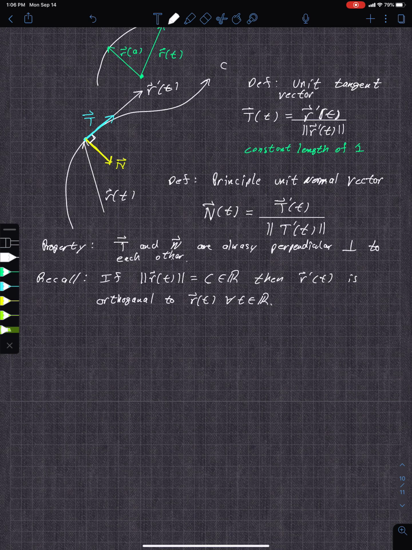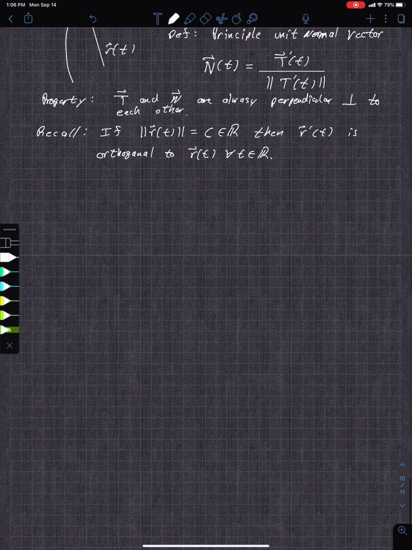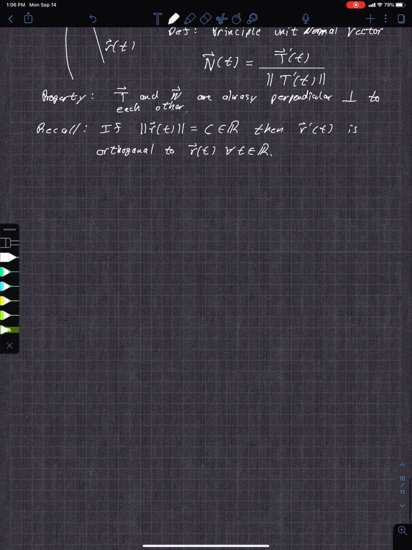So that's fine as long as it's always constant, or it could be on a closed interval or something. But if you look at a proof for that, I'm not sure where that is.